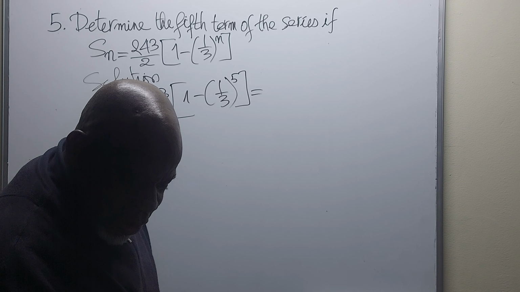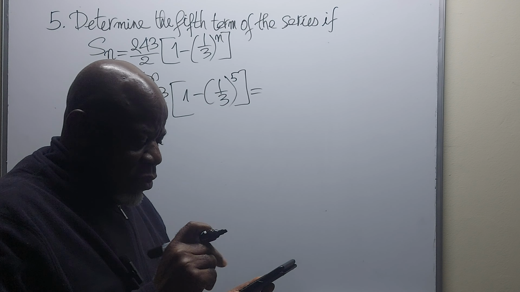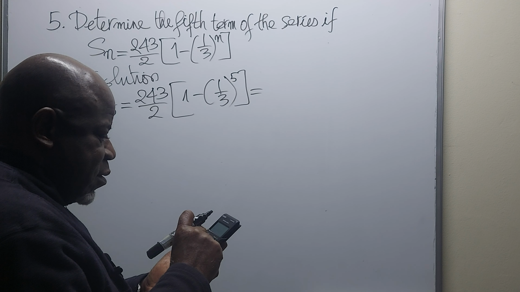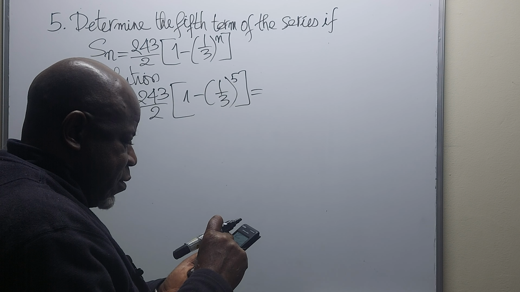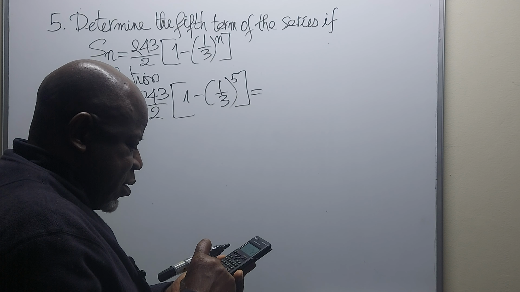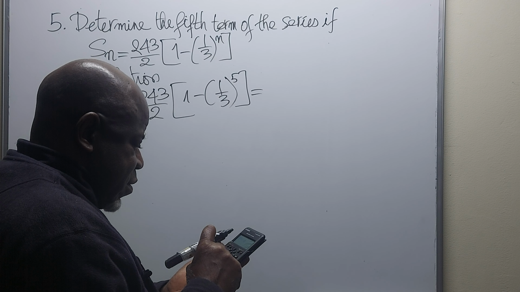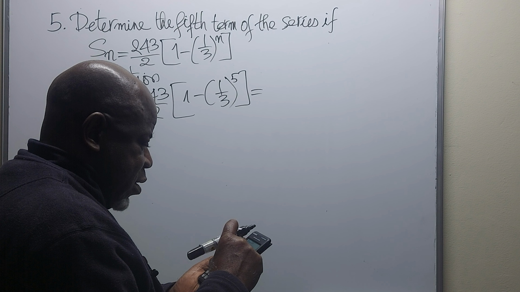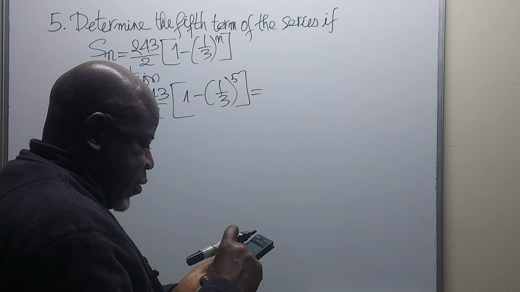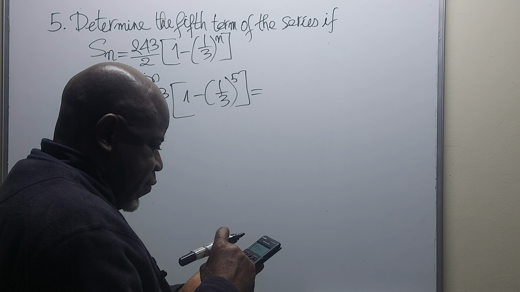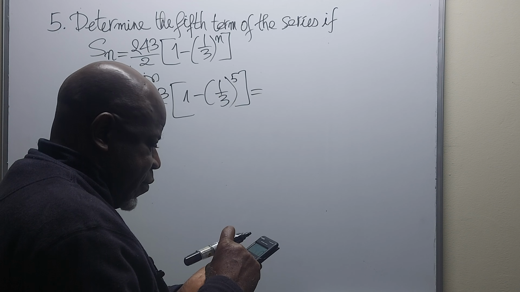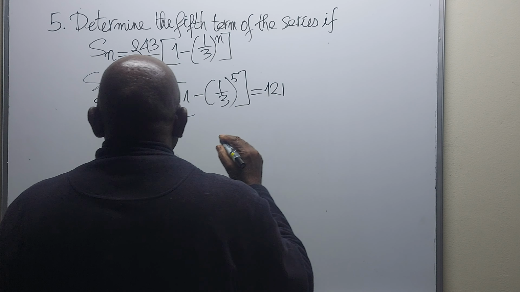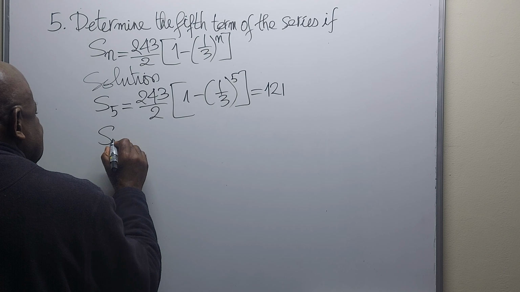So let's use our calculator. 243 over 2 times 1 minus 1 over 3 to the power of 5. And then we're getting 121.